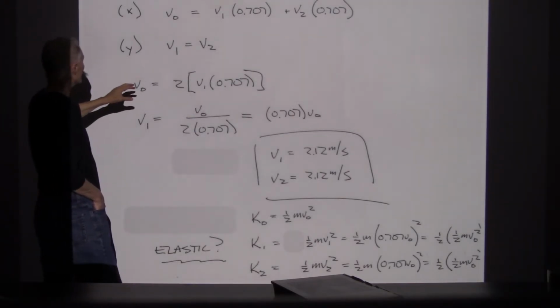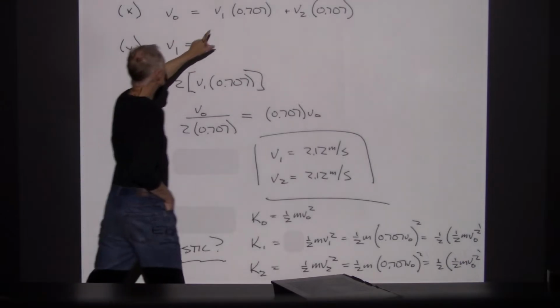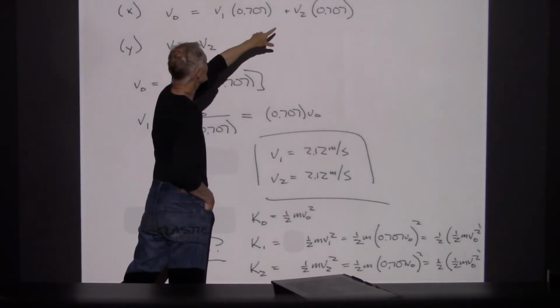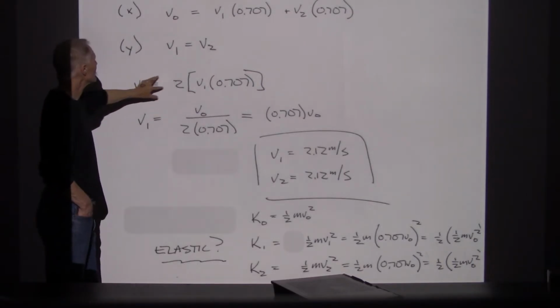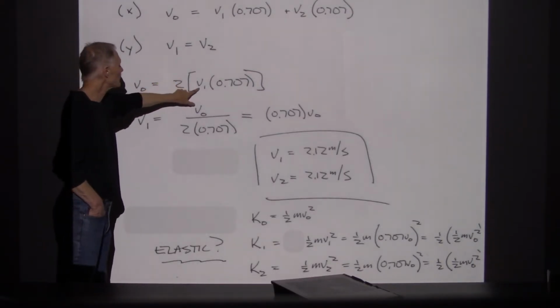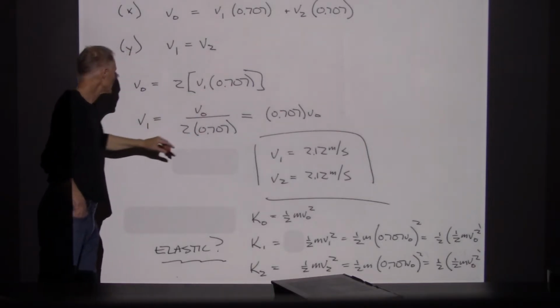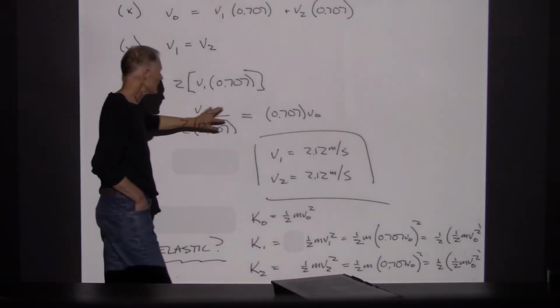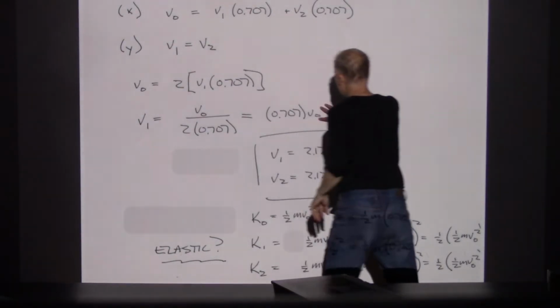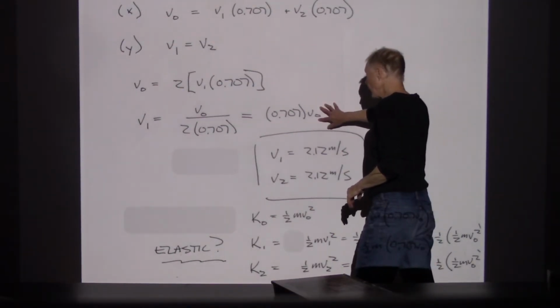So I can substitute in V1 for V2, and it says that V0 is equal to 2 times V1 times 0.707, and if I solve for V1, V1 is equal to 0.707 times V0.